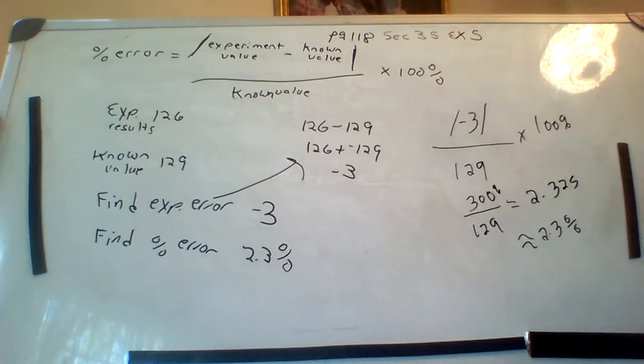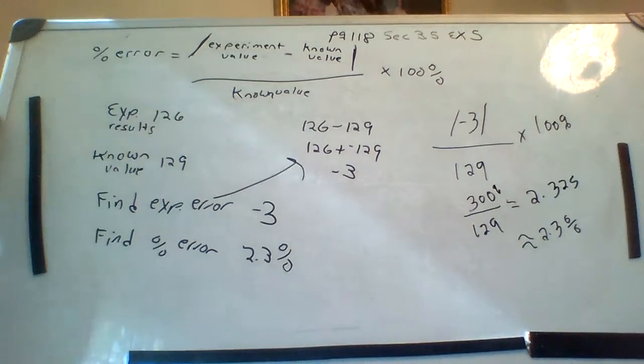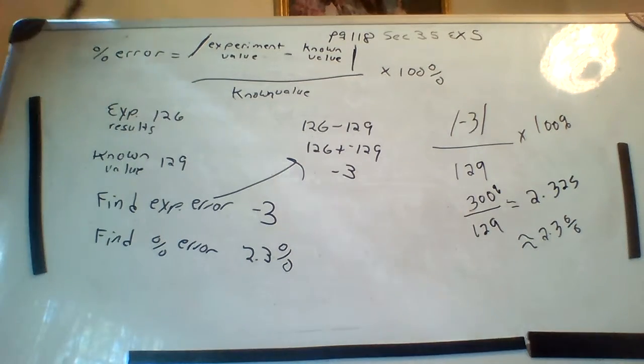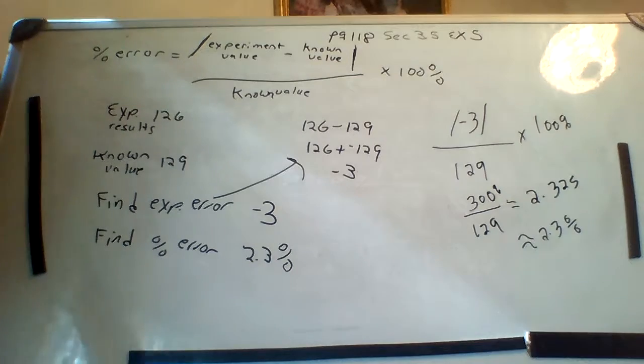So this was a higher percent as far as percent error, as far as this practice goes. All right, so we'll pause and we'll work on example 6 in our next video.